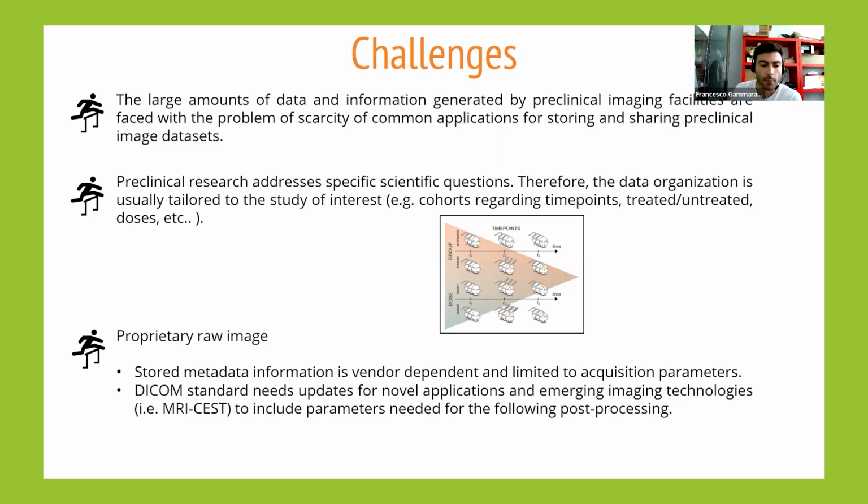Whereas at preclinical level, we have the full information saved in the raw files, and the DICOM doesn't have the full information. So at preclinical level, the DICOM standard needs updates for emerging imaging technologies, such as chemical exchange saturation transfer imaging.